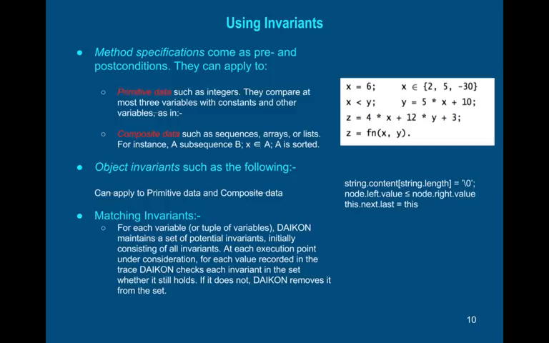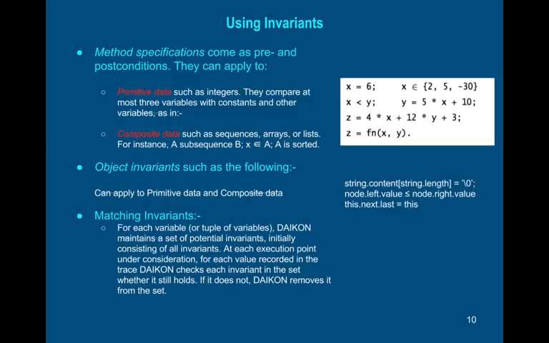They also apply to composite data such as sequences, arrays and lists, for instance, a subsequence B where x belongs to A and A is sorted, as in the code snippet below the picture with string content and string length. And object invariants such as the following can also apply to primitive data and composite data.